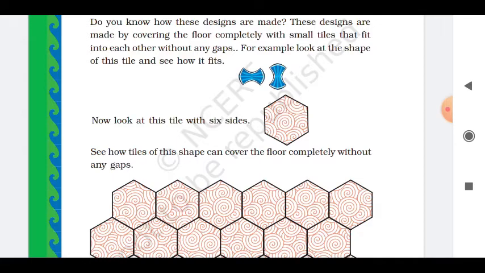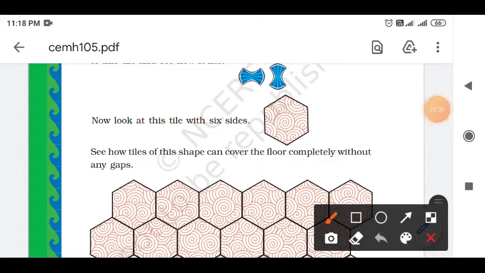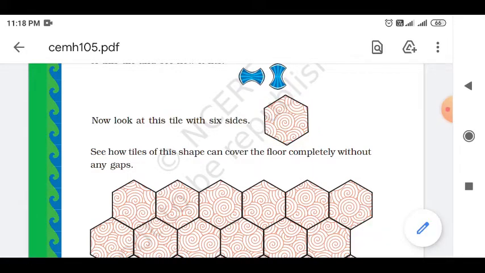Now look at these tiles with 6 sides. You can observe in these tiles there are 6 sides, right? One, two, three, four, five, six. You know that a figure with 3 sides is called a triangle, right?